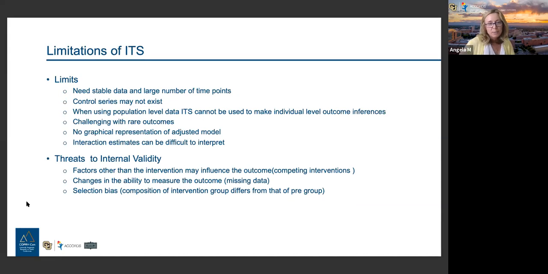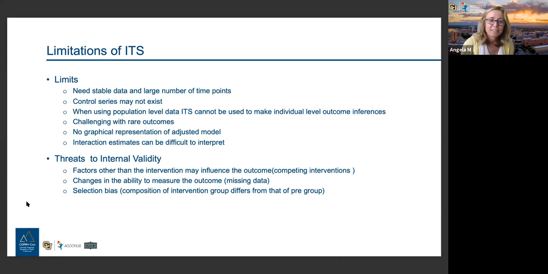Now here are some limitations of ITS. As Elizabeth said, you need stable data and you're going to need a large number of time points. The rule of thumb is usually around 8 to 12 time points for population level data. And it's very hard to find a control series because we're dealing with a population level intervention.